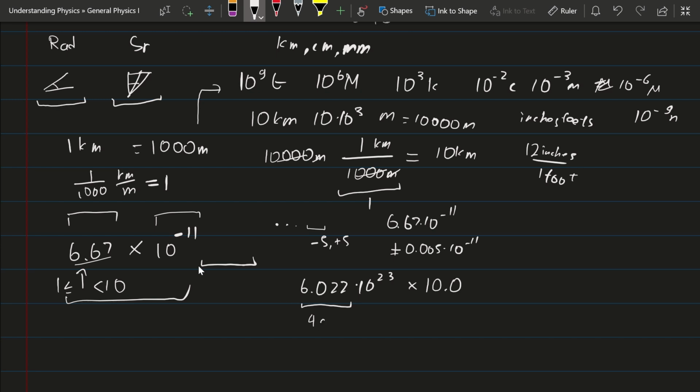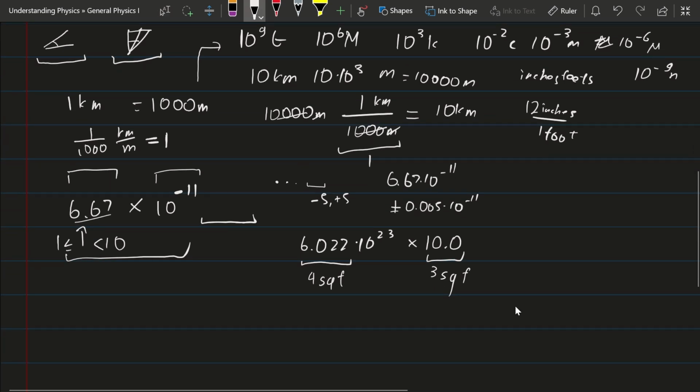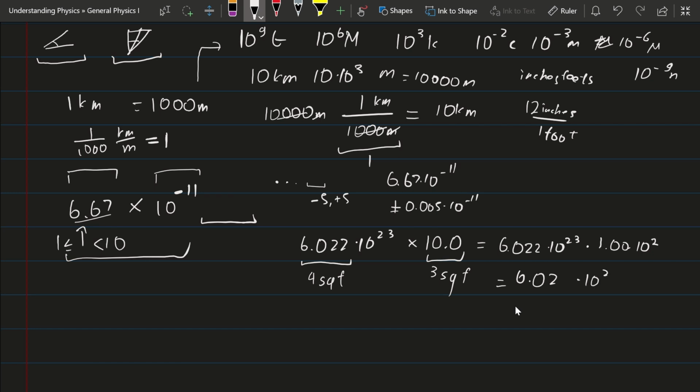This has 4 significant figures, while here you have 3 significant figures. Using this system, you could figure out that this is basically 6.022 times 10 to the power of 23, multiplied by 1.00 times 10 squared, as it's the same thing. And you would figure out this to be 6.022 times 10 to the power of 25.